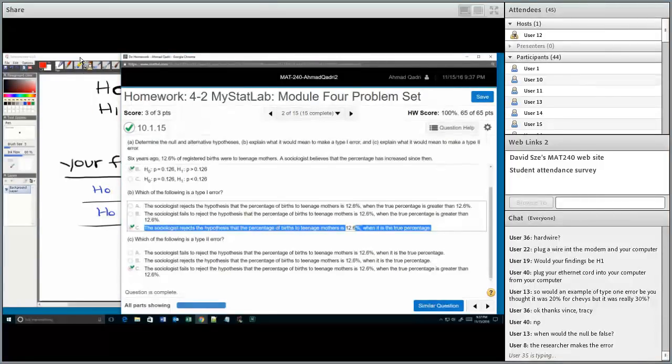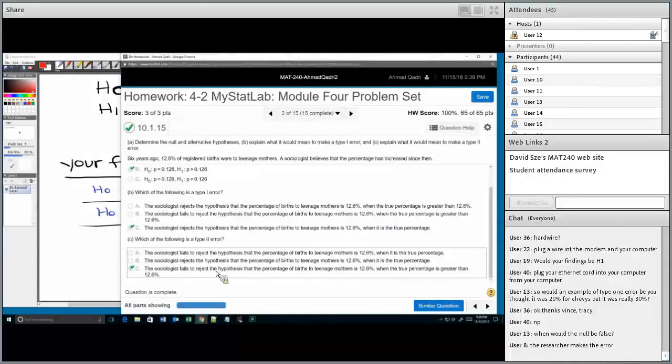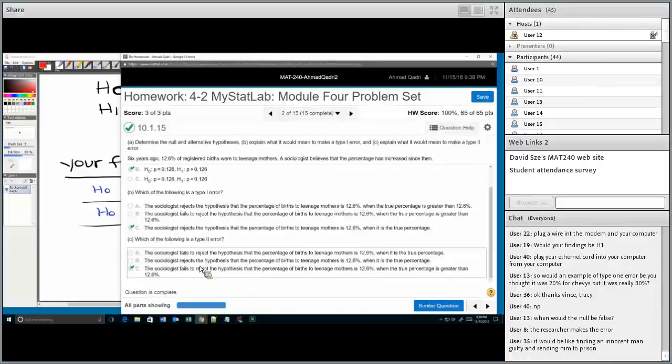Okay, just try to follow this and I'll tell you how we know from the next problem after this. I'll show you on the normal distribution curve the probabilities associated with type 1 error and type 2 error, and that might help a little bit more. Now, what is the type 2 error? Remember, the type 2 error is when the null hypothesis is actually not true, it's false, but your analysis says that it is true. And so the answer here is that the sociologist fails to reject the hypothesis that the percentage of births to teenage mothers is 12.6%.